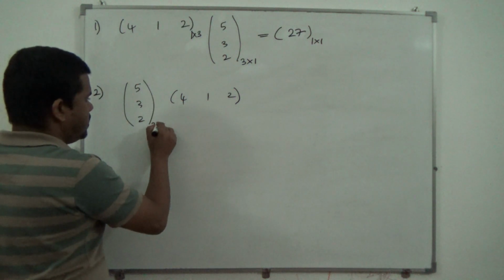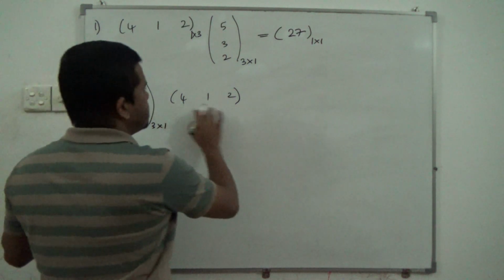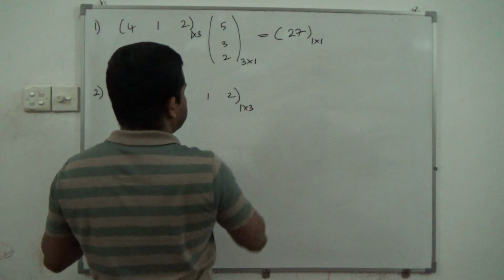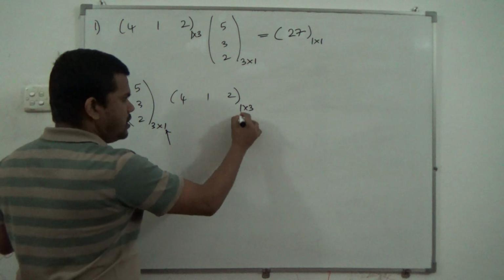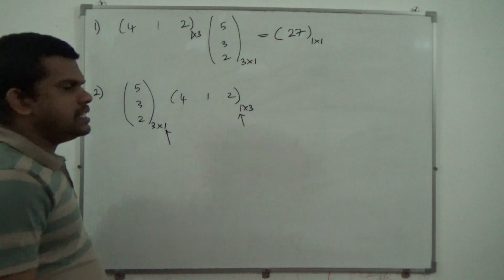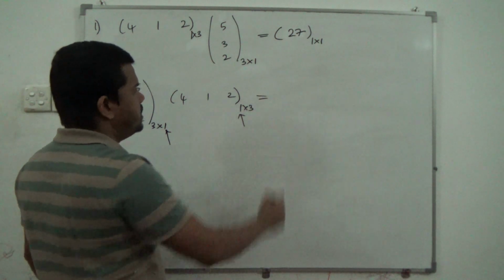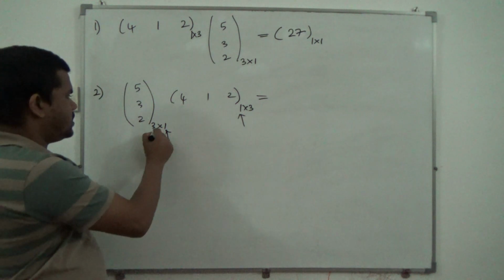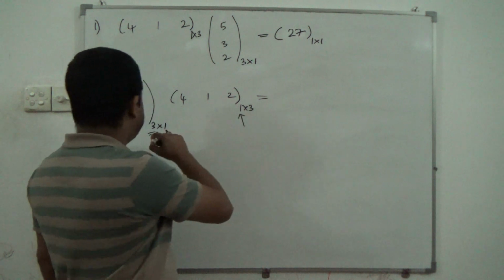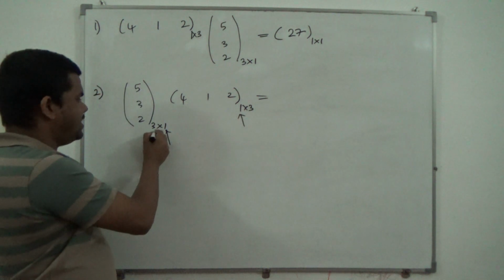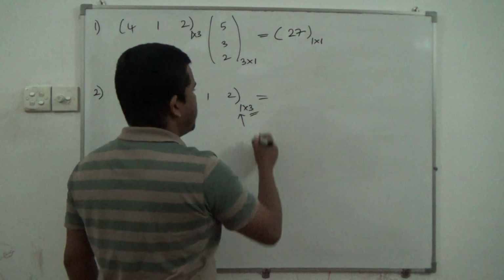Here 3 rows and 1 column, and 1 row and 3 columns. These two values are equal, therefore multiplication is defined. In the resultant matrix, there are 3 rows and 3 columns.